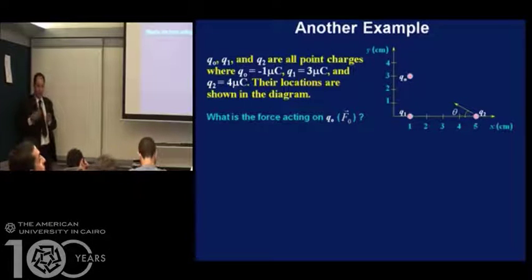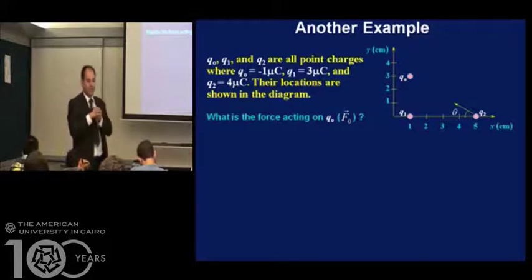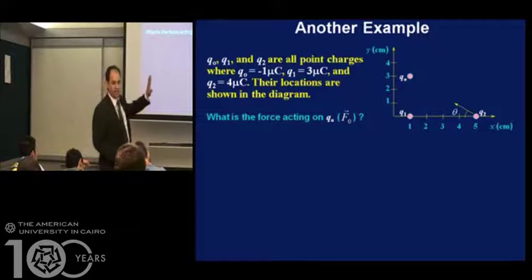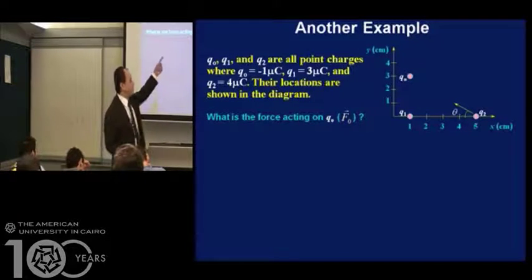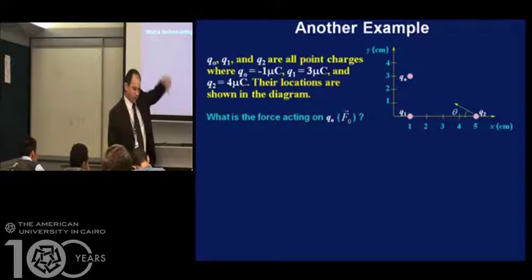If we both are on chairs with wheels and I pull you, we both move. But they are fixed in space, and the force on Q0 is an attractive force, so Q0 is going to be attracted to Q1. So this will be the direction of the force from Q1 on Q0.